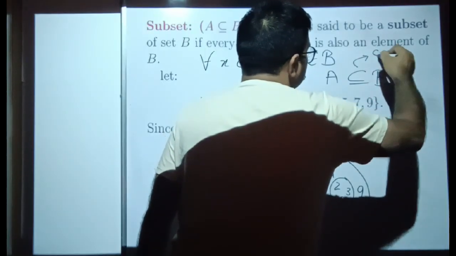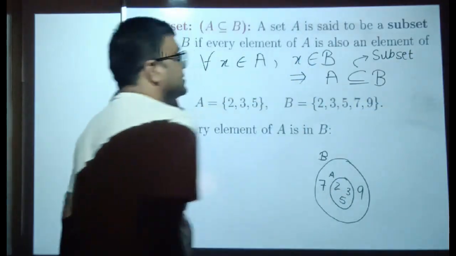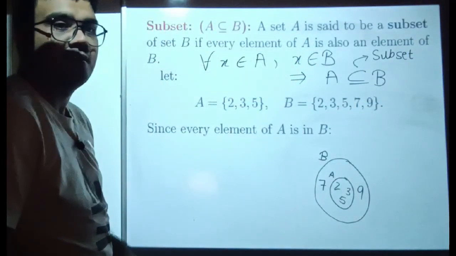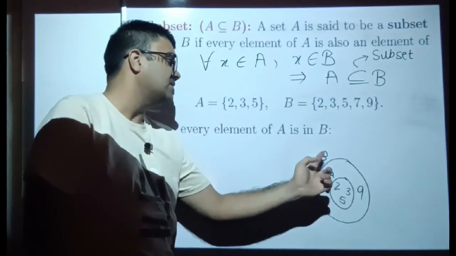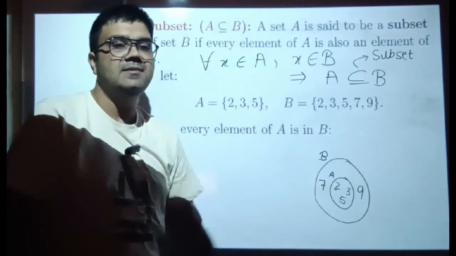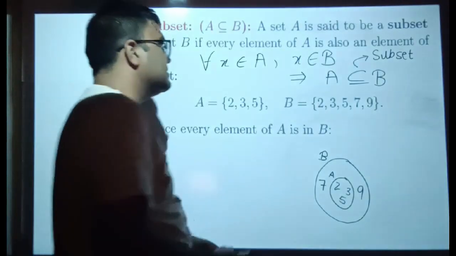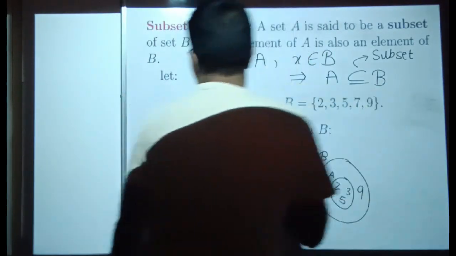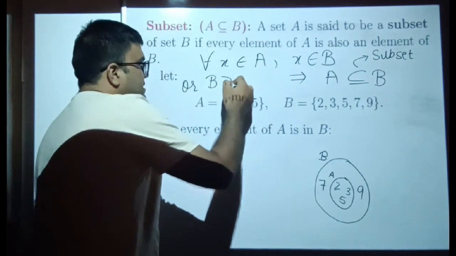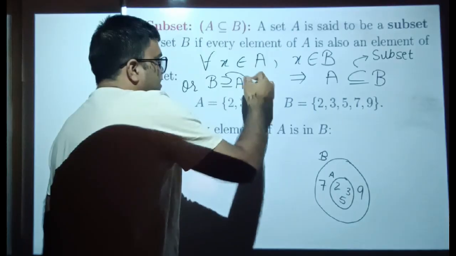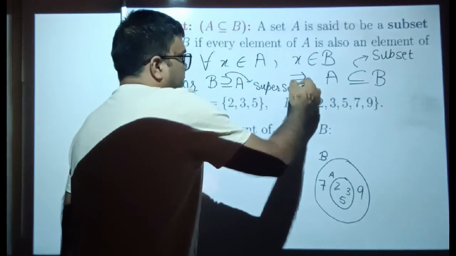This is the notation for subset. So if we look at this example over here, this set A is a subset of B because every element of A is an element of B. Or we can say B is a superset of A, this is the notation for superset.